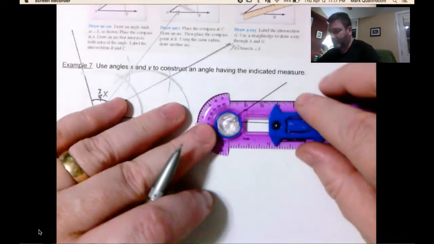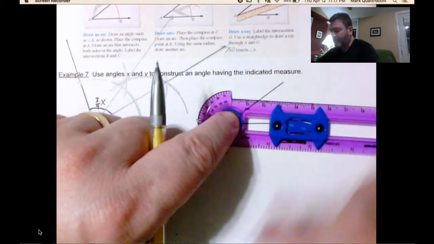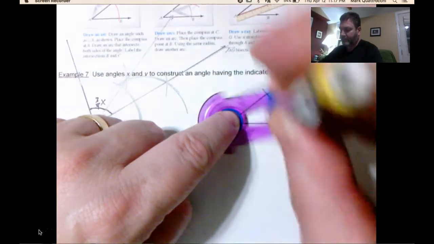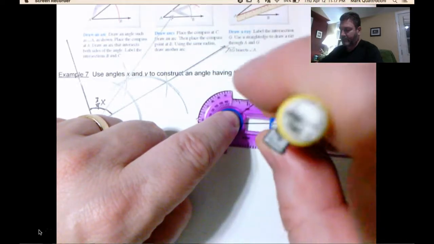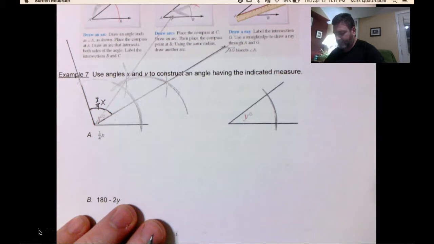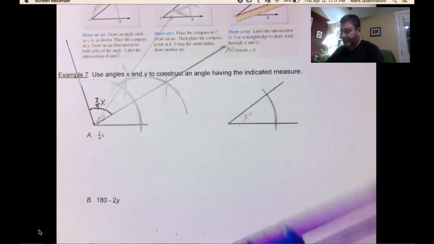And I'm going to make this arc long enough so that I'm going to be able to do 2 angle y's here.